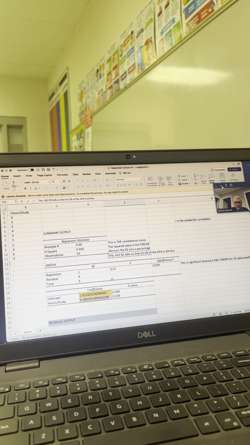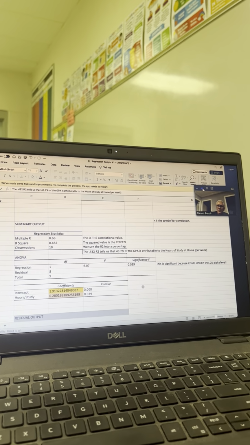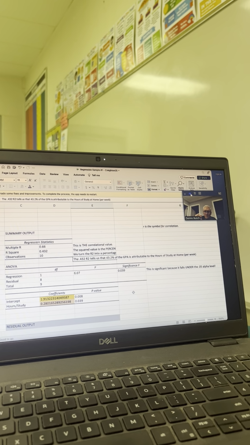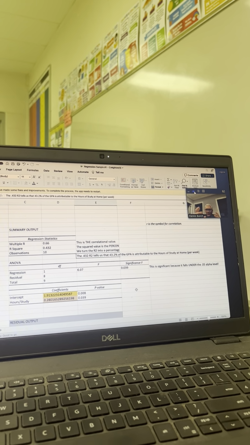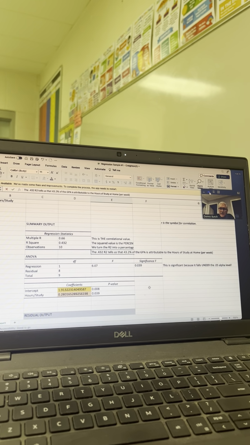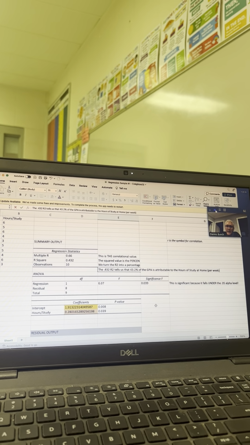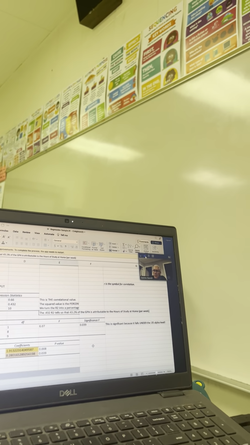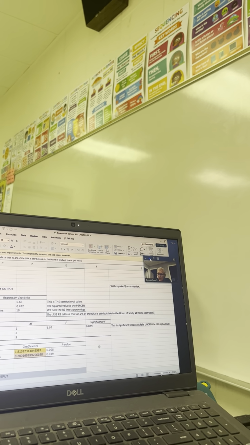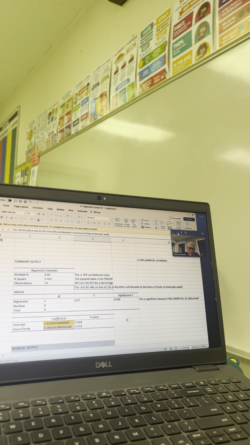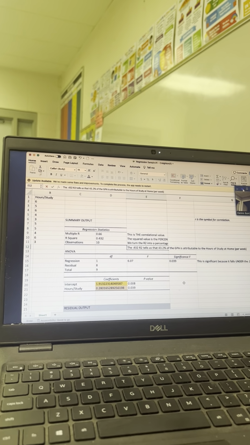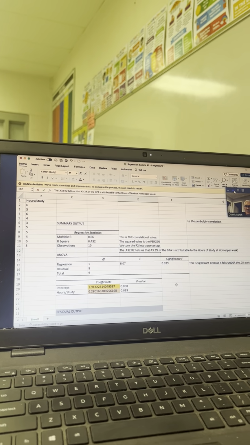Okay, so does that statement make sense? Yes. So look, that means that almost 57% is attributable to something else other than the hours of study at home. And because we're paying teachers and because we have a principal and because we work hard at what we do, I'm glad that it's only 43.